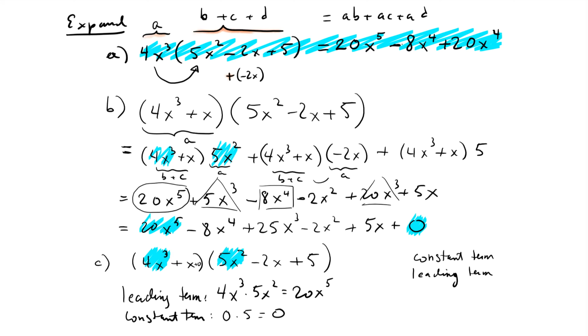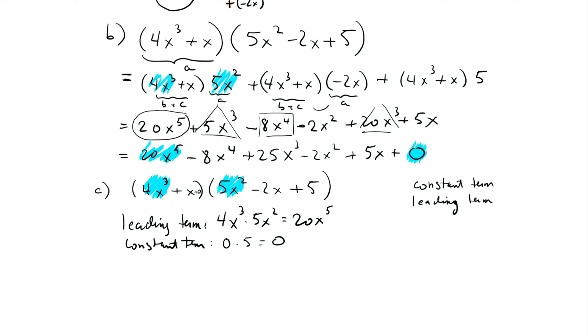Okay? So let's see if you understand this. Here's an example and an exercise for you to work out on your own, and then you can pause and unpause and see what the answer is. Here's a multiplication of 3 polynomials.